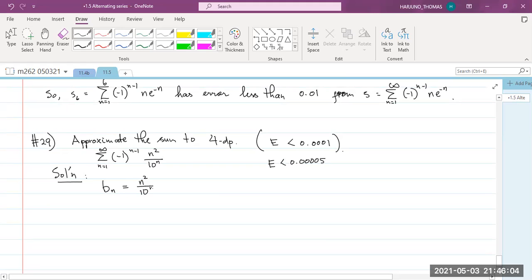I just need to estimate the sum. But first I need to know how many terms I need to take. The error should be less than b sub n plus 1.